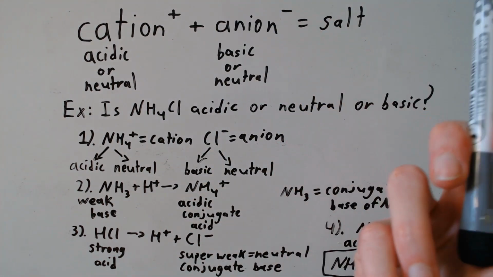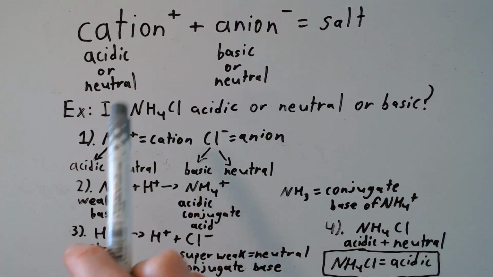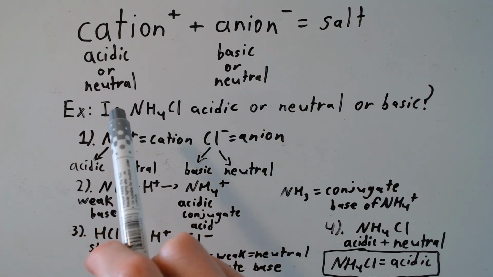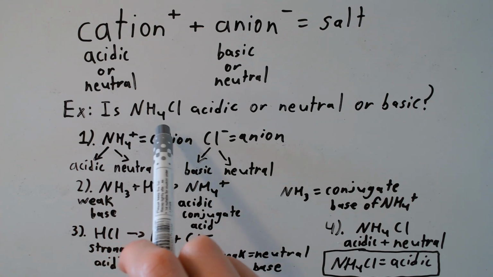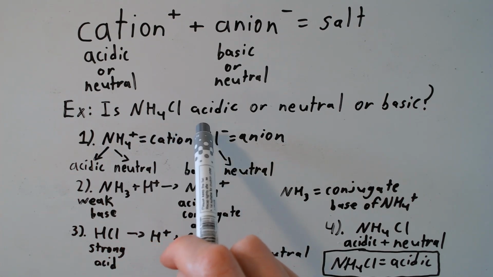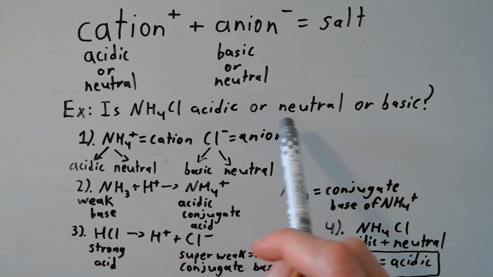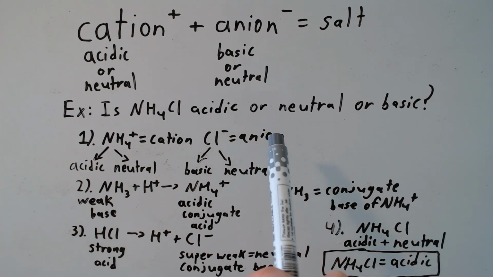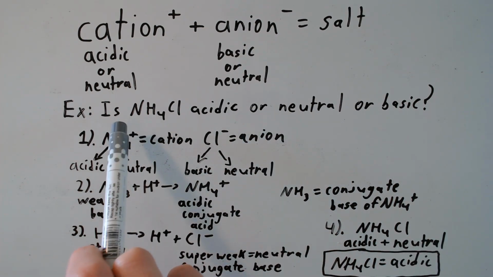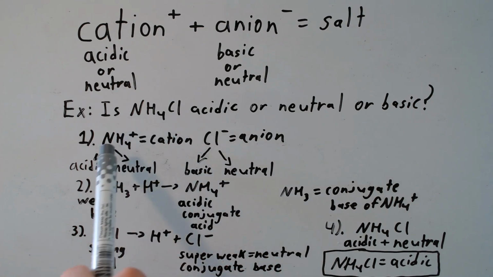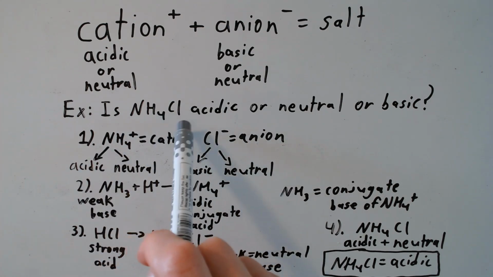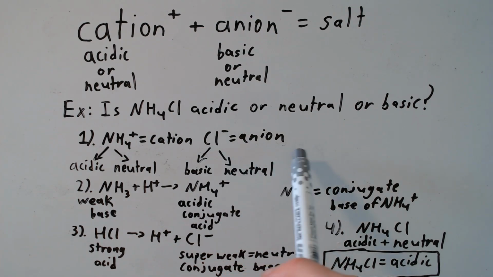So let's apply this rule to the following problem and see how we can determine whether a salt is acidic or basic. In this problem we have NH4Cl, and we need to determine whether it is an acidic, neutral, or basic salt. The way we do that is we look at the ions present in the salt. There are only two: the NH4+ cation and the Cl- anion.